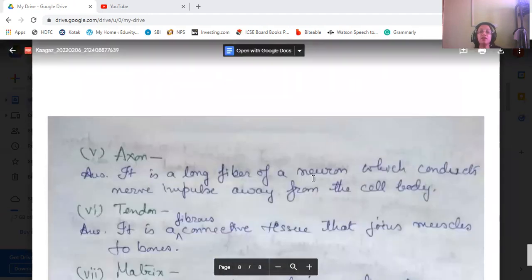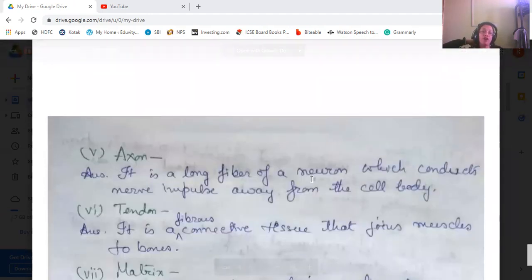Next is the axon. It is the long fiber of a neuron. We know that in neurons, the cell body, the cyton, has certain projections.